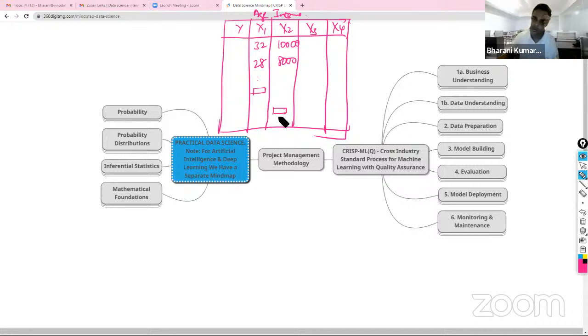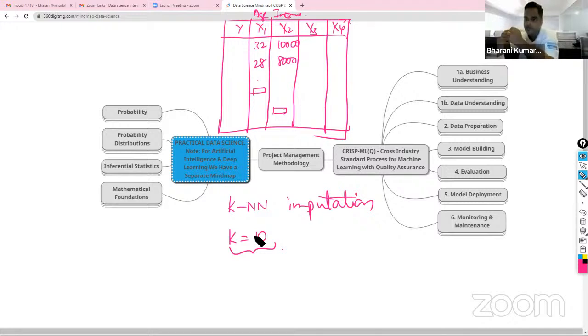Within KNN imputation, if you choose a K value to be, say, 10, it will choose the 10 nearest neighbors, 10 observations which are very close, take those 10 values and then take an average of that.